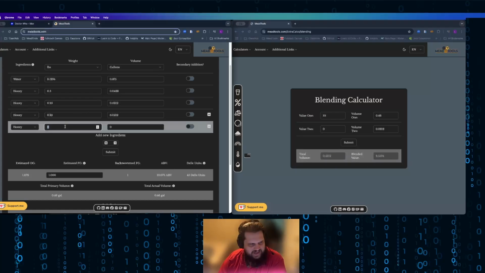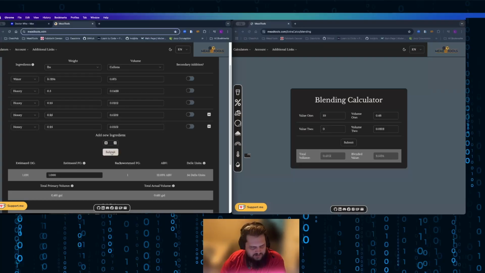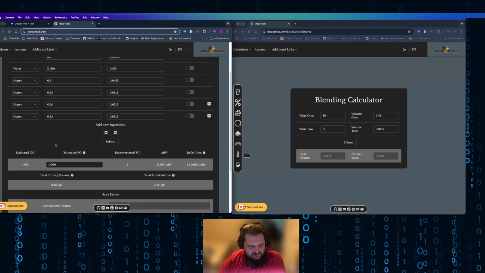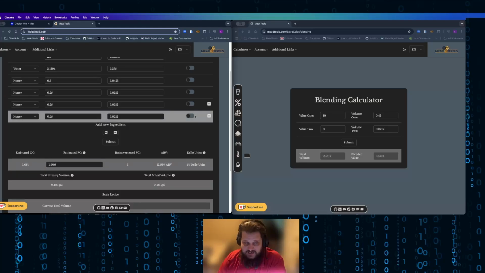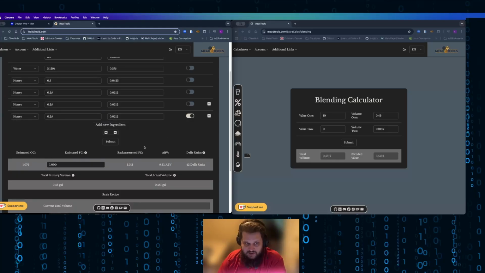And then they added in 0.25 more pounds of honey. And you can see if that had gone completely dry, then it would have been 12.9%. But it didn't actually re-ferment at all. It went up to 1018 and stopped there. And I'm not going to speculate here as to why that happened.